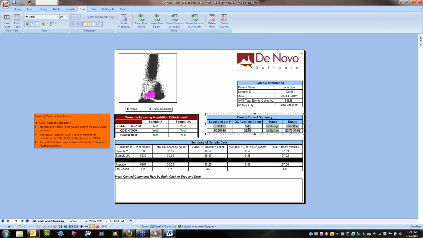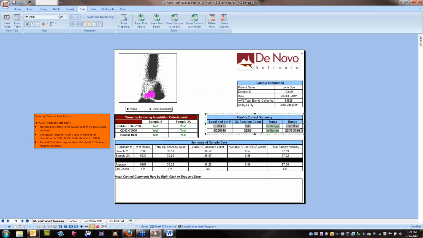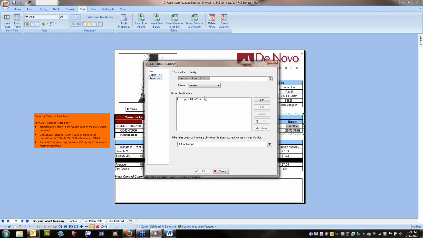We're using that range in the evaluation of this particular value, and this value is just the overall stem cell count for our controls. You'll see here there's a token called in range. This is a token that's specific to our clinical edition called the statistic classifier. If I double click on this, it'll show me the classification that I'm using.